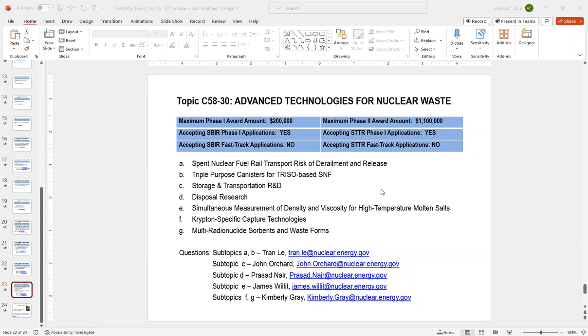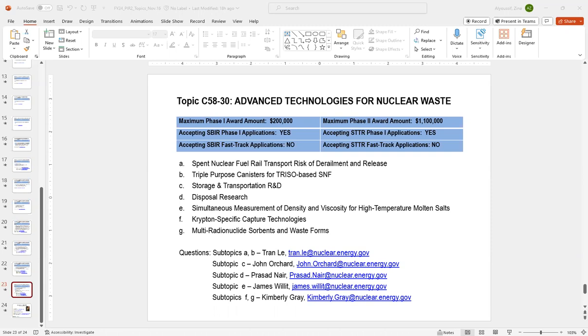Basically, the multi-barrier system approach: you have the spent fuel or high-level waste in a container, and the container is surrounded by a backfill, and it is placed at least half a mile underground in a geology.